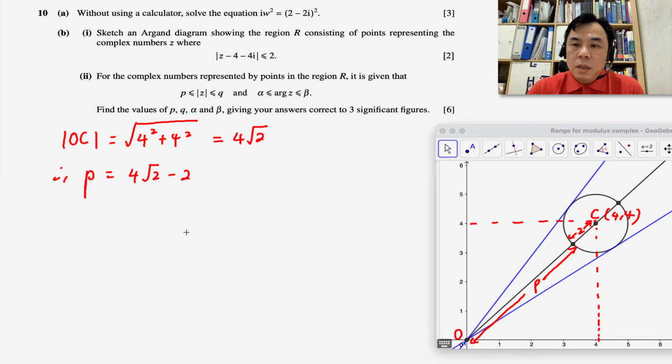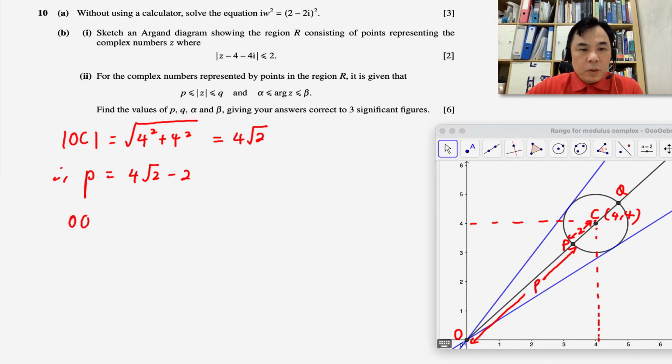Next, using the same idea, we are going to find the longest distance from O until here. Let me call that OQ, because this one is Q, and this is P. So now the longest distance will be Q. How do I find Q? You can see that very clearly from the diagram.